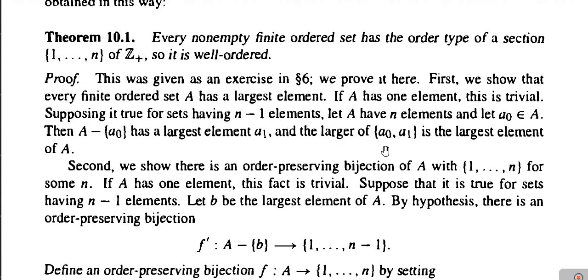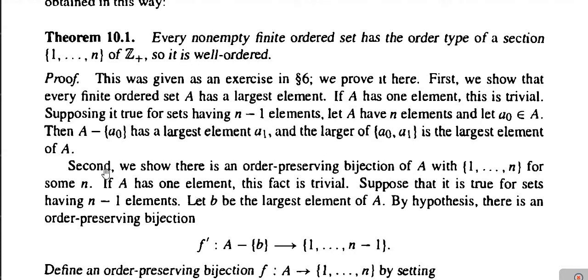Then the set A will have a largest element, which will be the larger among the two elements A0 and A1. So definitely in that case set A has the largest element, and it will be one of the two elements A0 or A1, depending on whichever is the larger.